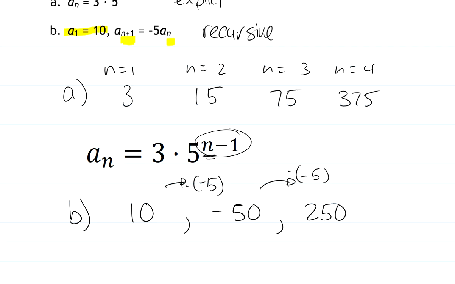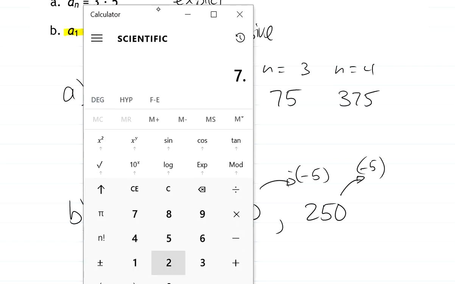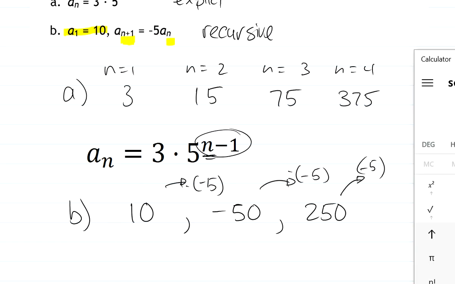And then for my last jump, when I take the 250 positive and multiply again by -5, I get negative, I think it's 1,000. Shucks. Let me grab my calculator. It's actually clear. Yeah, it's going to be negative 1,250.